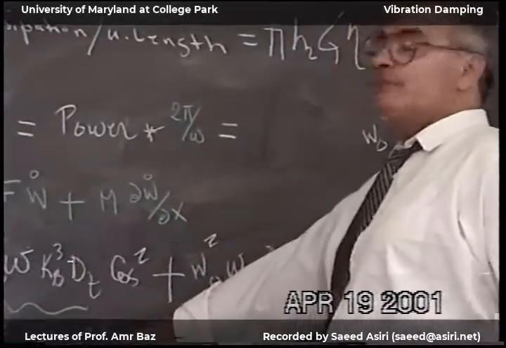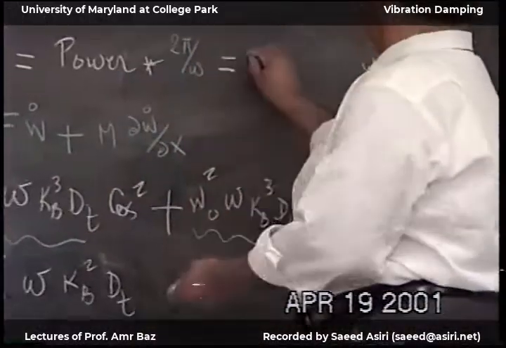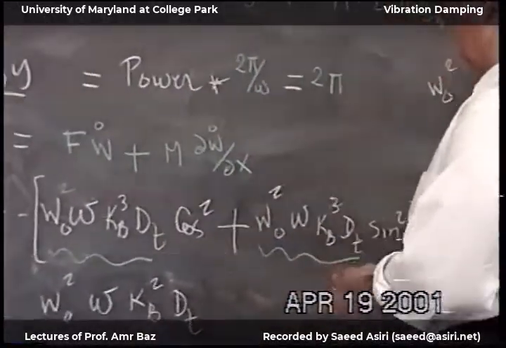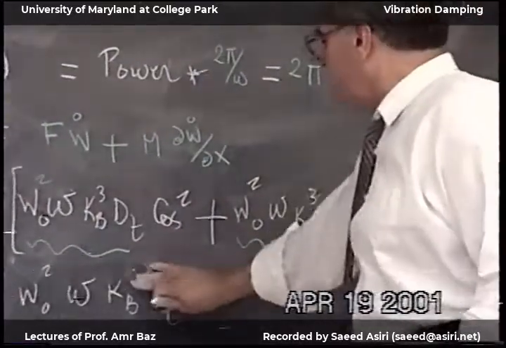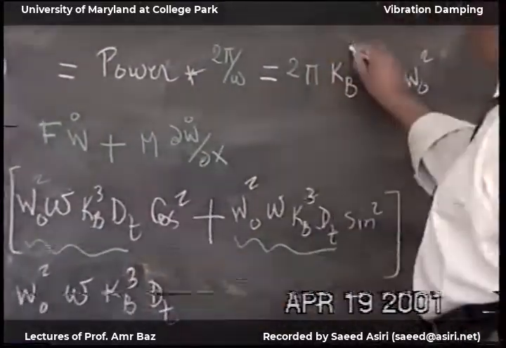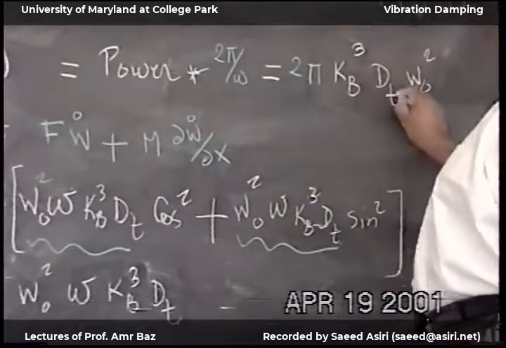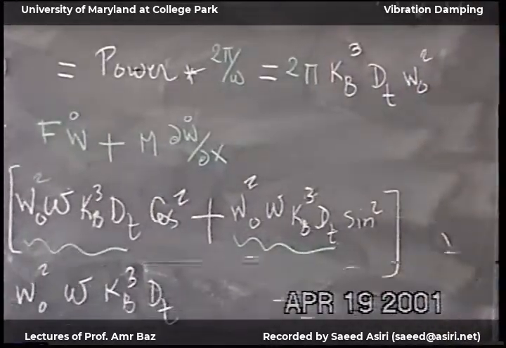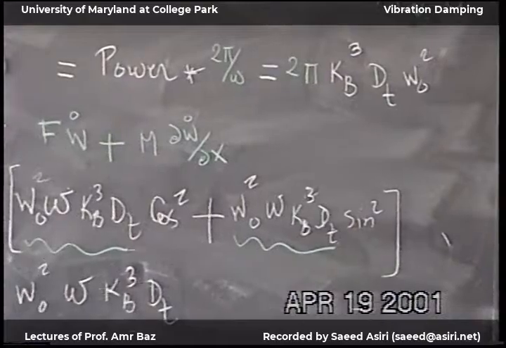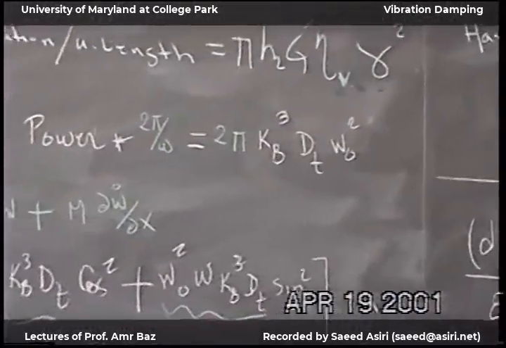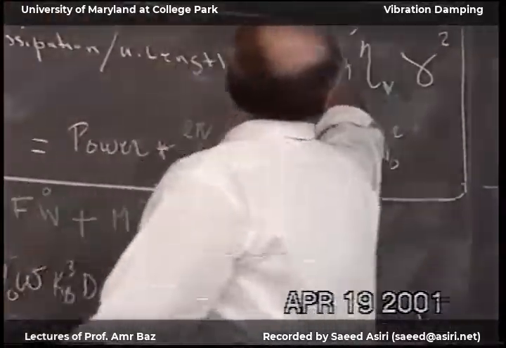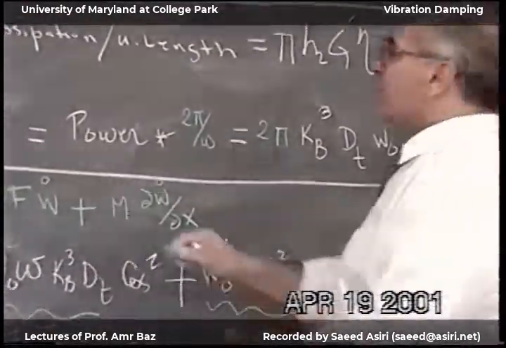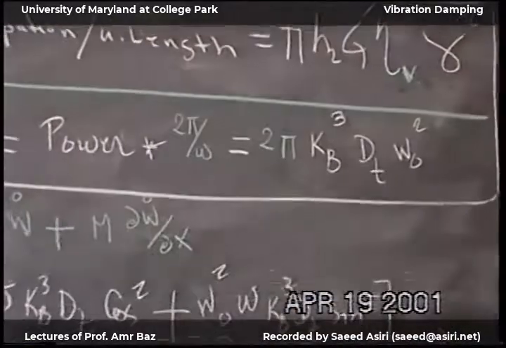This will cancel with this omega, and I'll have 2 pi here. I'm sorry, kb cubed and dt. So now we have everything to calculate the loss factor for the composite system.